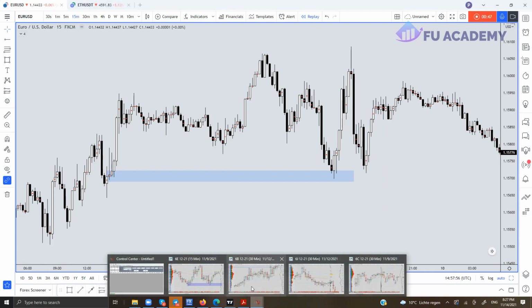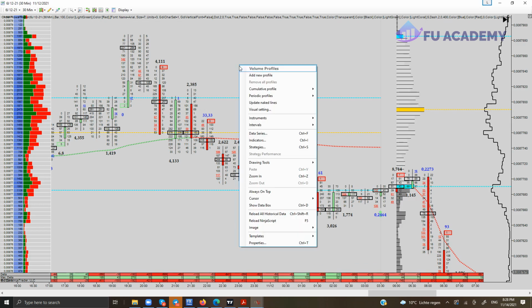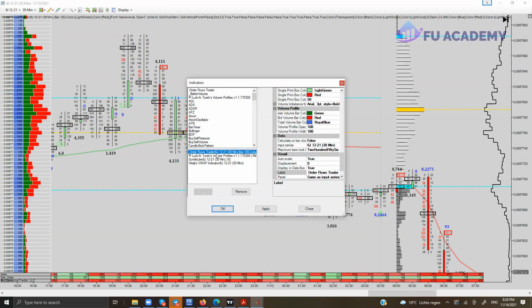If I go to any order flow chart here and right click, go to indicators. So this is the order flow indicator, and let me scroll up, you can see ratio bound high and ratio bound low.